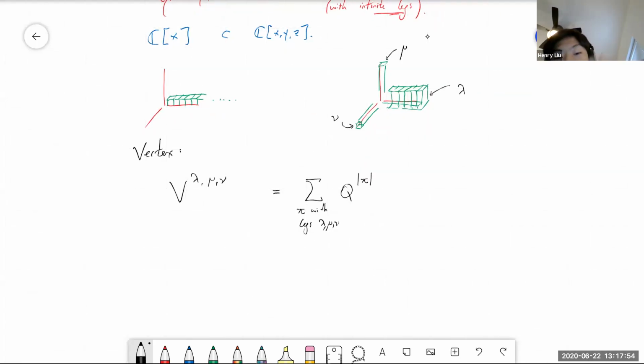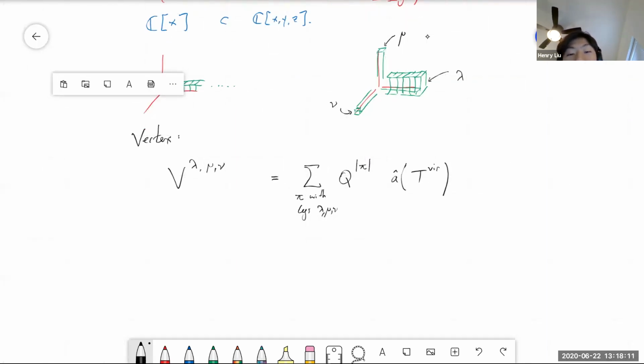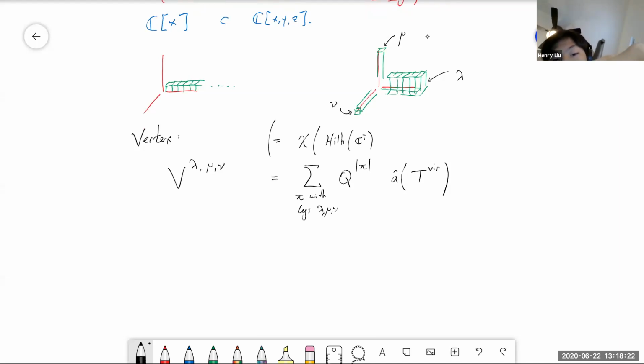And then for each 3D partition, you'll have some weights. And this weight is not so important, so I don't really want to say too much about it, but this is where the information of the virtual tangent space goes in. What I've written down here is essentially some kind of localization formula for a K-theoretic integral over the moduli of the vertical distribution.